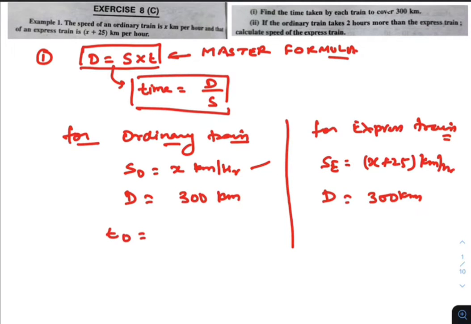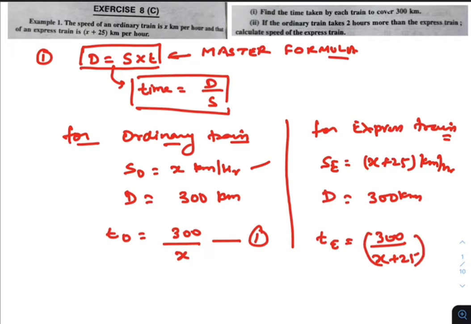The time of the ordinary train: what is the formula of time? Time is equal to distance divided by speed, 300 divided by what? x. This will be our equation number 1. And the time of the express train will be 300 divided by what? x plus 25.